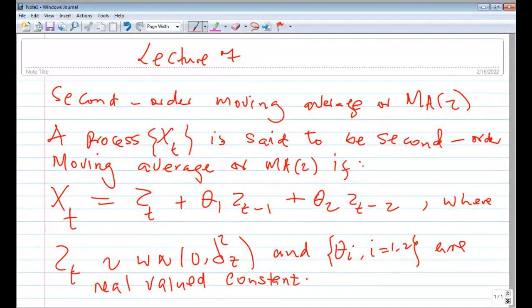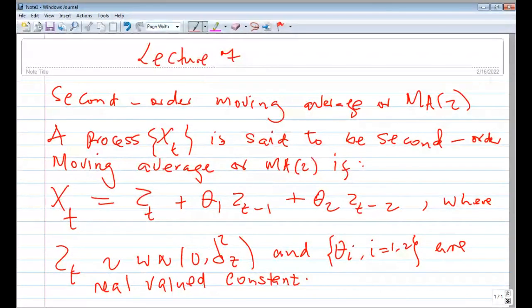Okay, so this is how we define the moving average of order 2, or second order moving average. It's a process which is defined by Xt equal to Zt plus theta 1 Zt minus 1 plus theta 2 Zt minus 2, where Zt is always a white noise with mean 0 and variance sigma squared, and theta 1 and theta 2 are real valued constants.